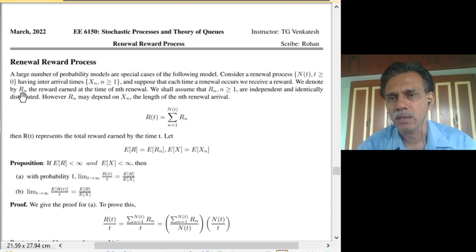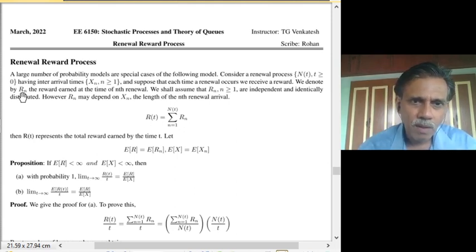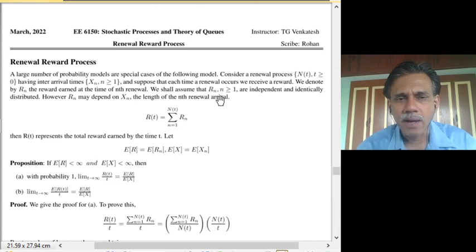So, R1, R2, R3 are the successive rewards that we get in renewal cycle 1, renewal cycle 2 and so on. So, we have two processes: Xn, n greater than or equal to 1, which are the durations of these renewal cycles, and Rn, n greater than or equal to 1, the sequence of rewards that we get. We assume that the rewards Rn are independent and identically distributed, but we may let Rn be dependent upon Xn.